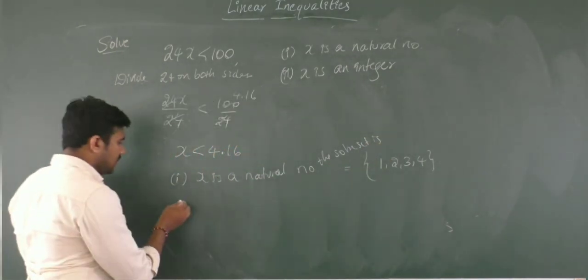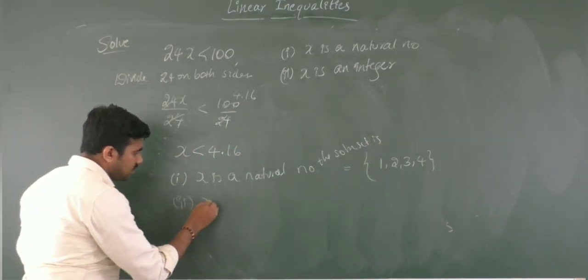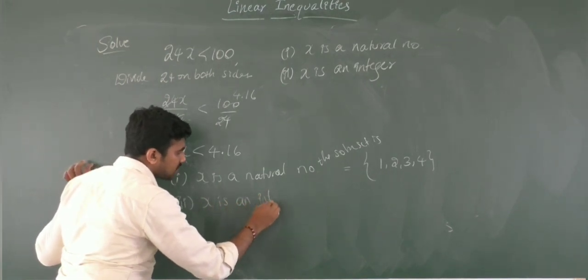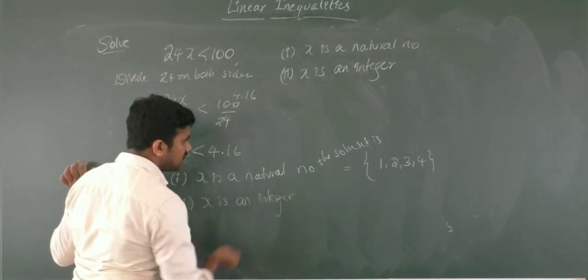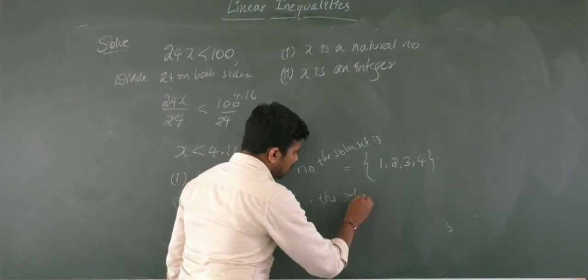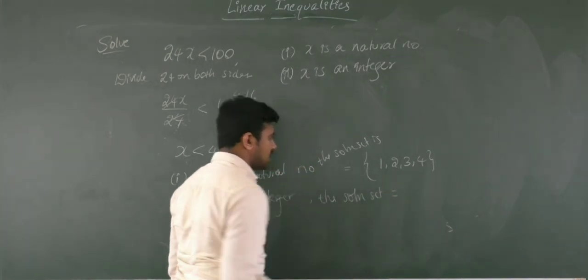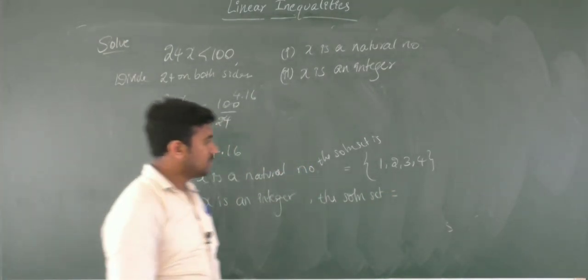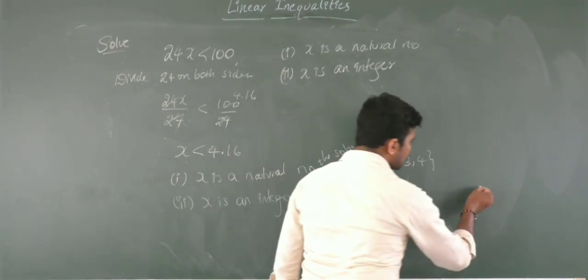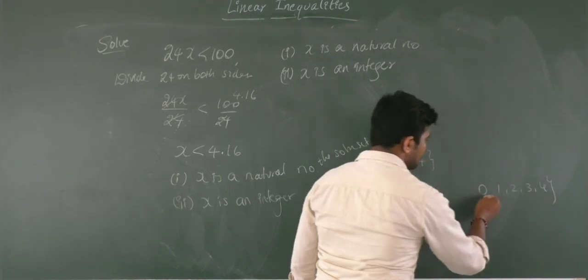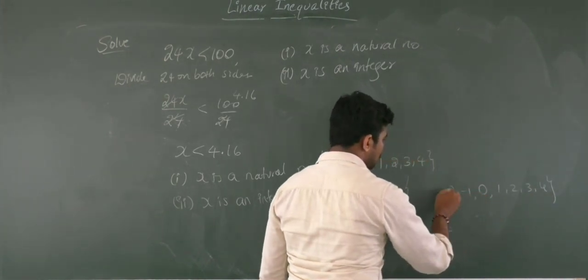Similarly, in the second case, if x is an integer, then what solution set will we get? The integers less than 4.16 are 1, 2, 3, 4, and less than that 0, minus 1, minus 2, and so on.